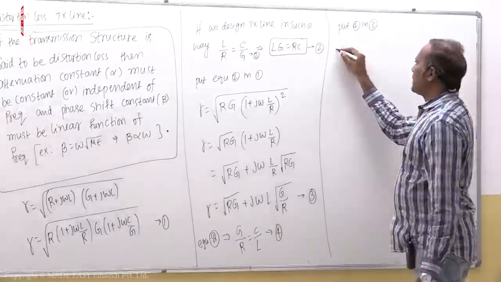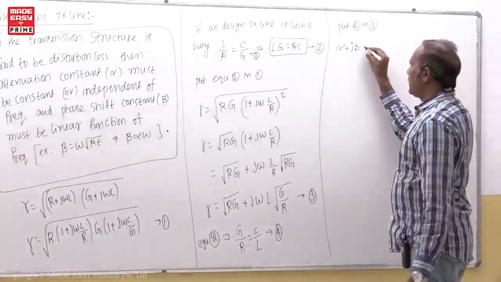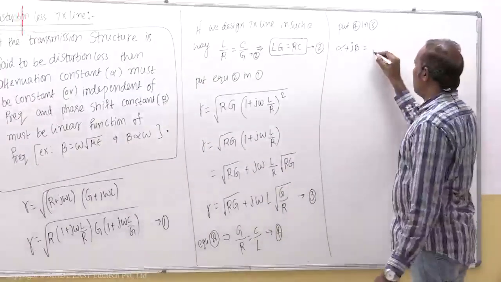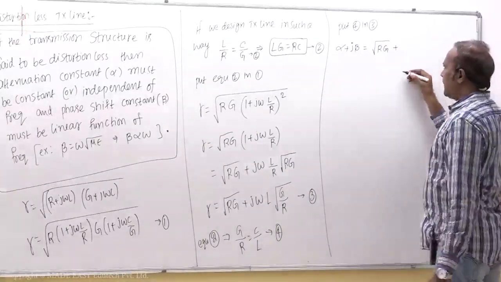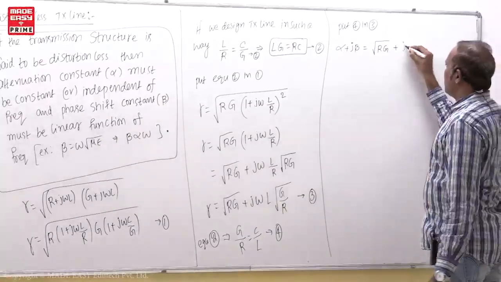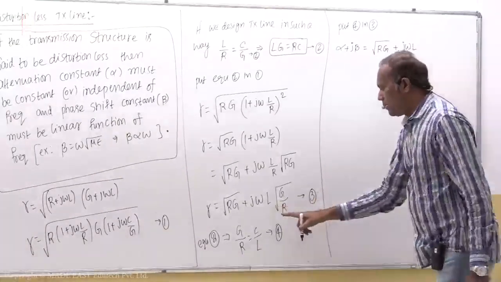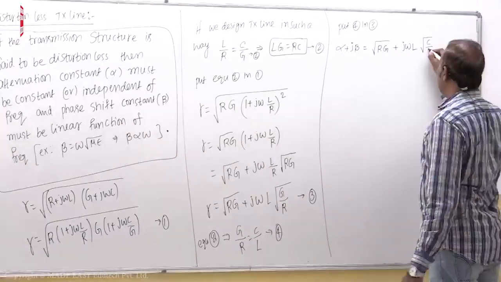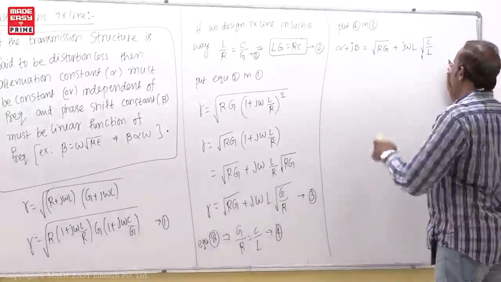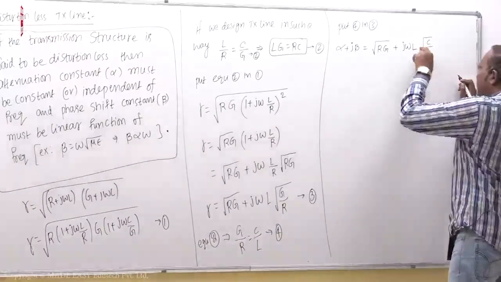Gamma. Gamma is alpha plus j beta, that is equal to root RG and j omega L, and root G by R is nothing but root C by L. Okay, root C by L.